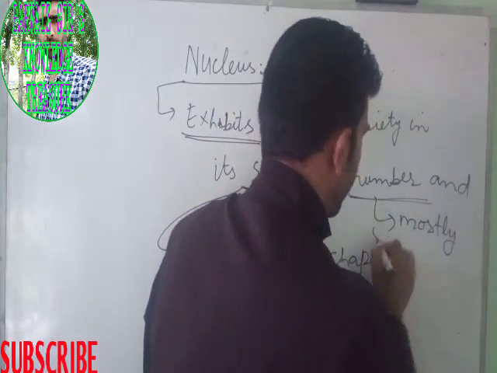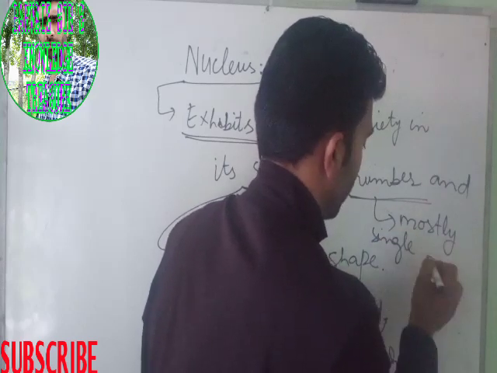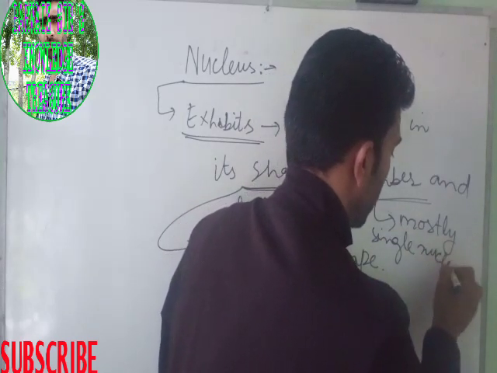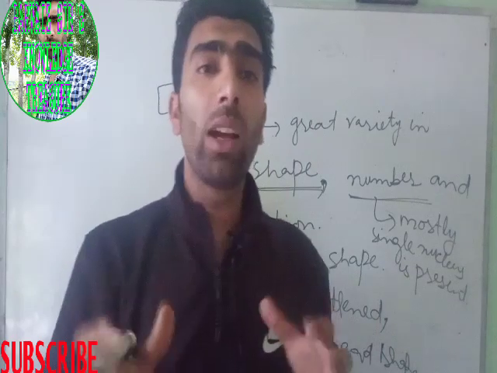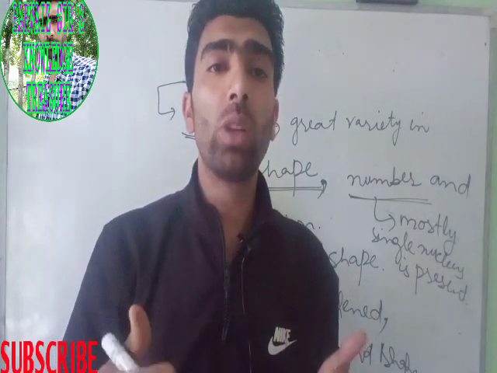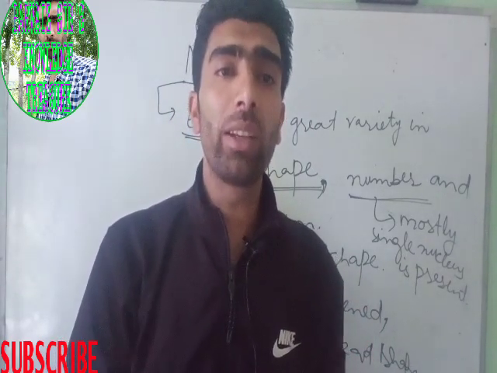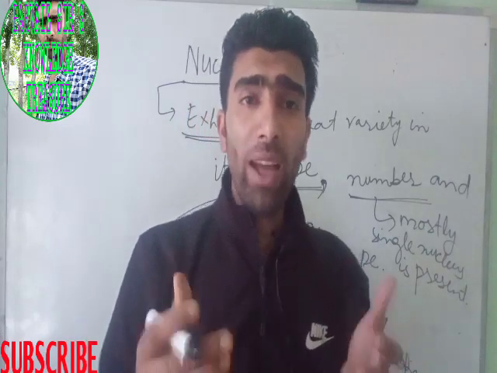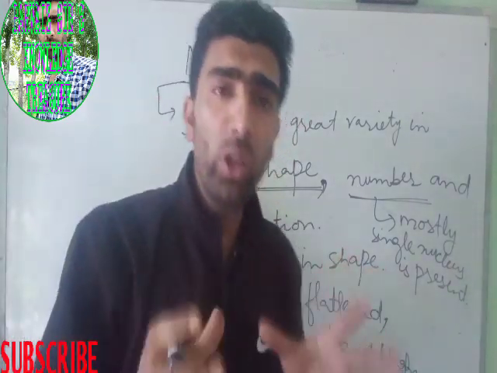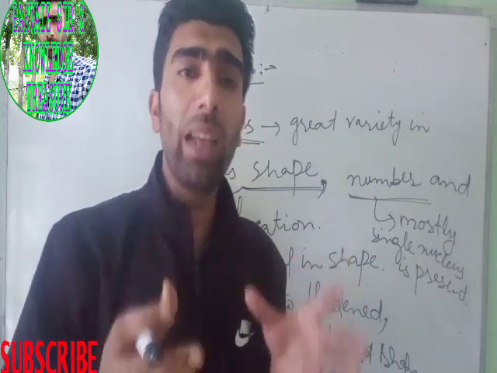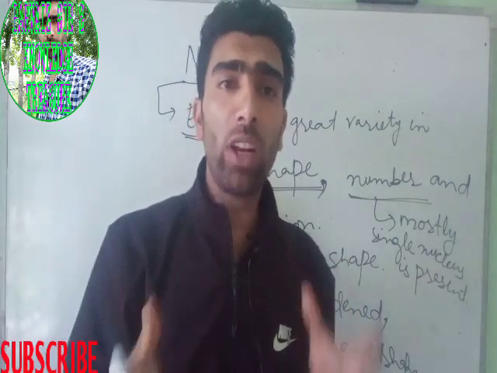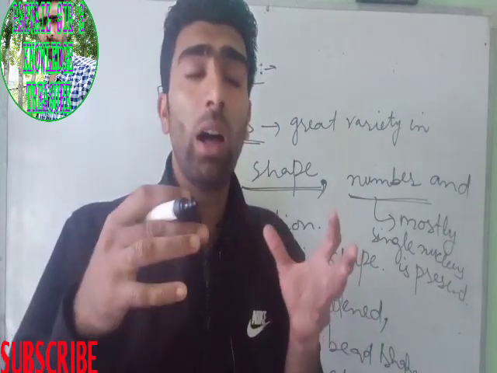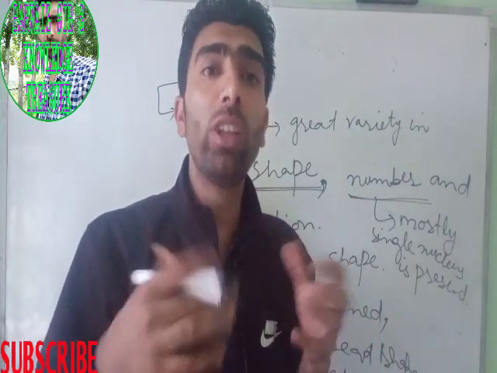But in many cases there is more than one nucleus present in a cell. When there is more than one nucleus present in an animal cell, it forms syncytium. And when there is more than one nucleus present in a plant cell, it forms coenocytic condition.